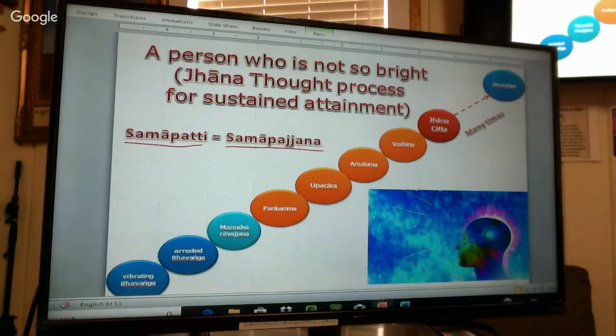In phala samapati, it is phala chitta, not jhana chitta, for many hours. For example, a Sotapanna, the first noble person, can attain phala samapati for many hours, for 7 days.